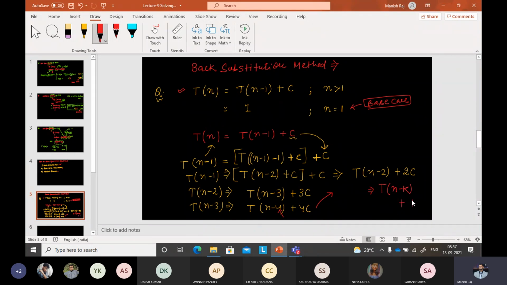Sir, constant will be k into c. This type of situation will be there if you are putting n minus k here.